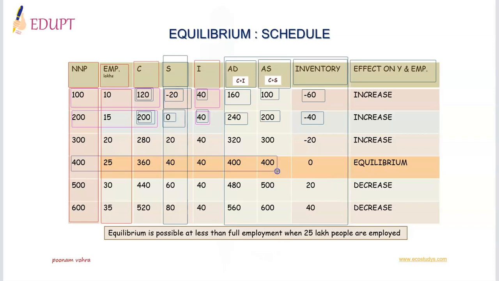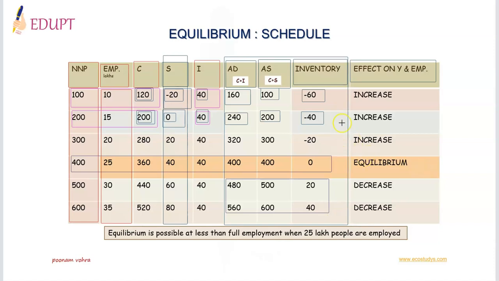Aggregate supply is C plus S, 360 plus 40, once again it is 400, and inventory level is 0. And after this point, one finds that inventories are positive as aggregate demand in the rest of the two cases is greater than aggregate supply. Hence, inventory is positive.